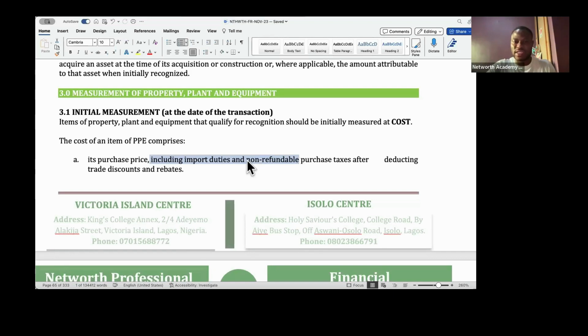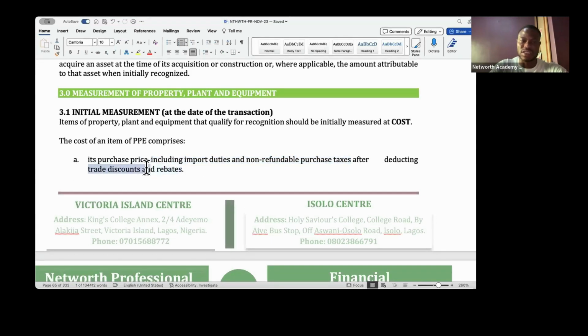In most instances, the VAT on those purchases will be capitalized because it becomes non-refundable, since you are not selling it. If you are buying it to sell it, that can't even be PPE in the first place, because PPE must be held for use.